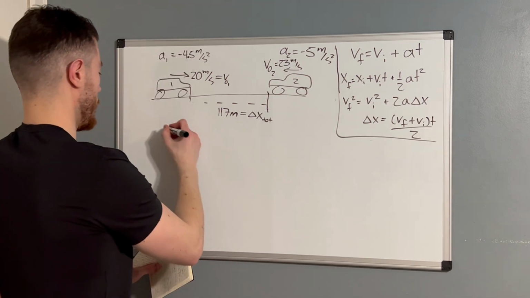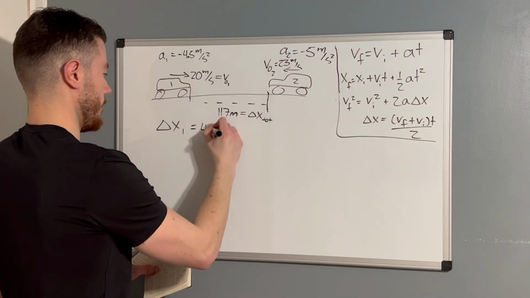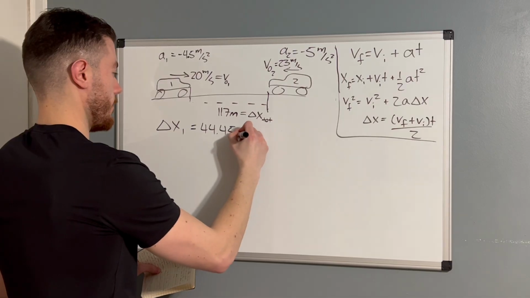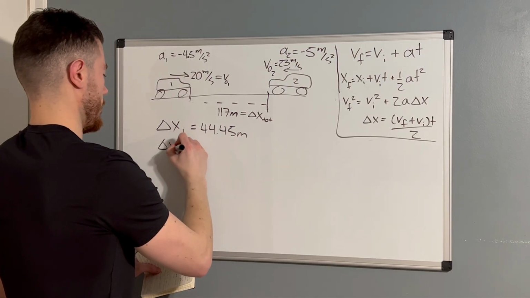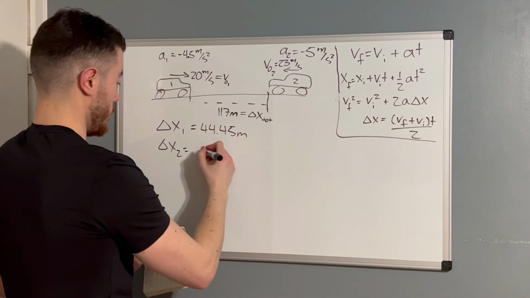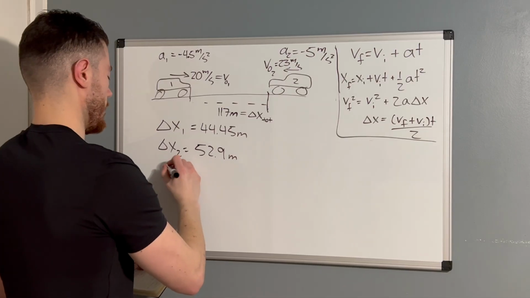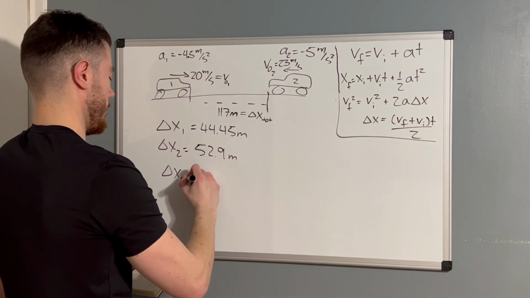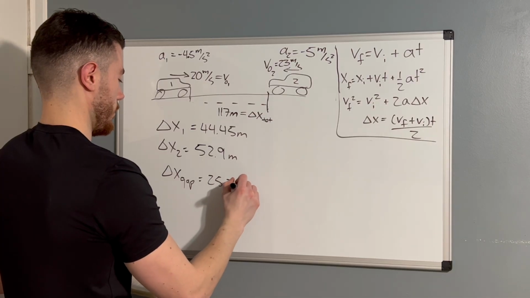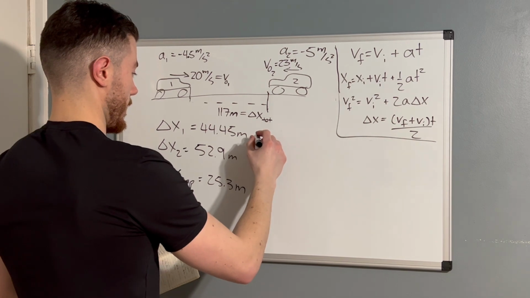Okay, so we found delta x car 1 is equal to 44.45 meters. Delta x car 2 is equal to 52.9 meters. And delta x gap is equal to 25.3 meters. Let's add them up.